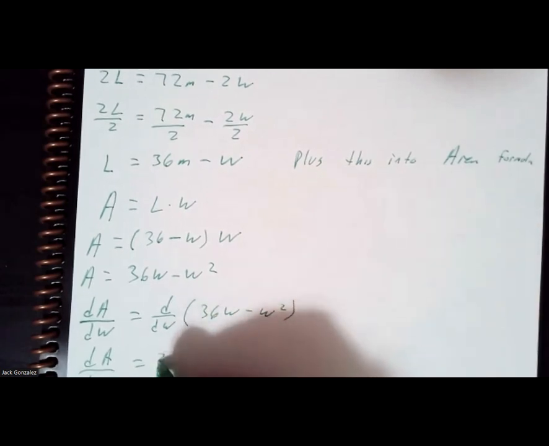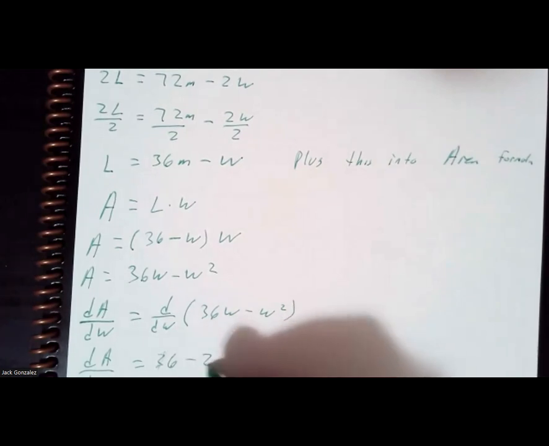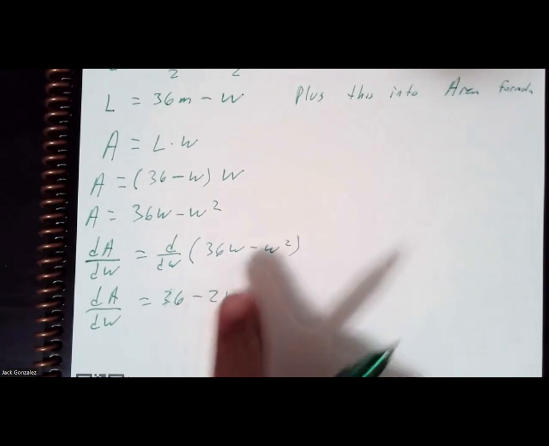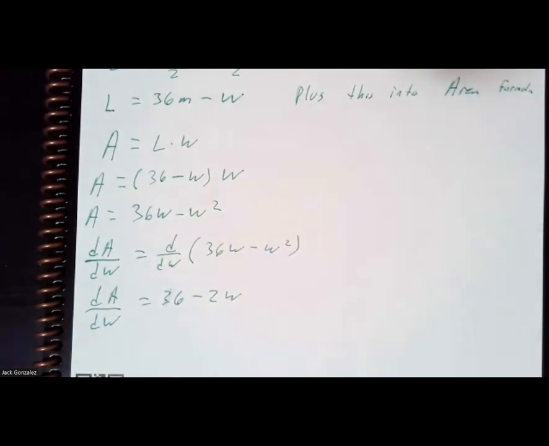Going back to the beginning of chapter 4 and chapter 3, how do we find maximums and minimums given any function? Why did I take a derivative?